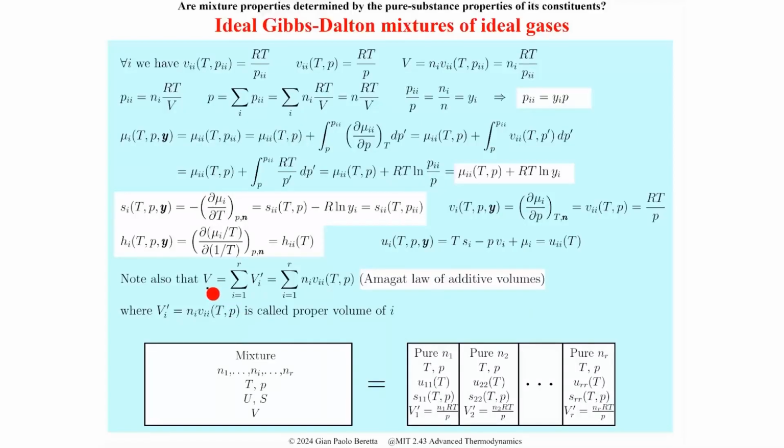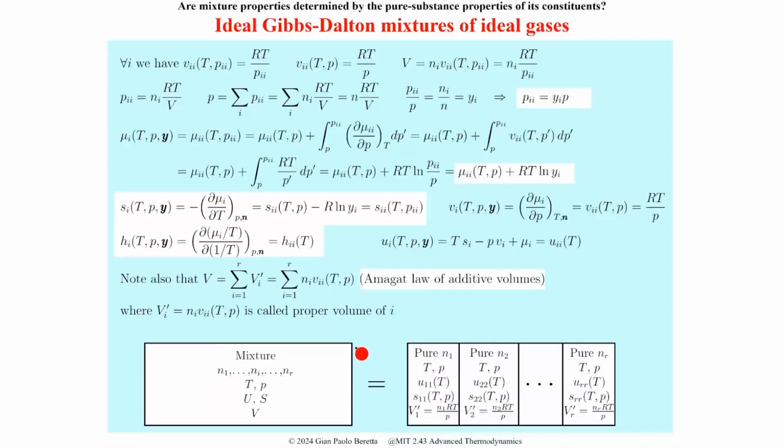We can also prove, for this kind of gas mixture, the so-called Amagat law of additive volumes, which can be interpreted this way. Suppose I take my pure components, that you remember from when we interpreted the mixture before.